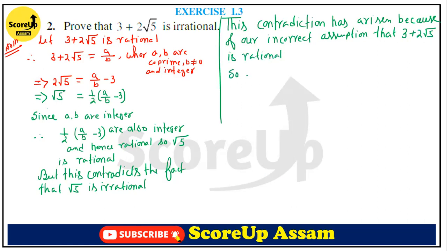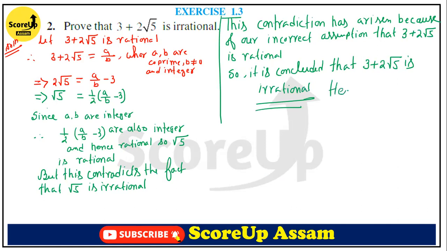So it is concluded that 3 plus 2 root over 5 is irrational. This is the solution of this problem, hence proved.